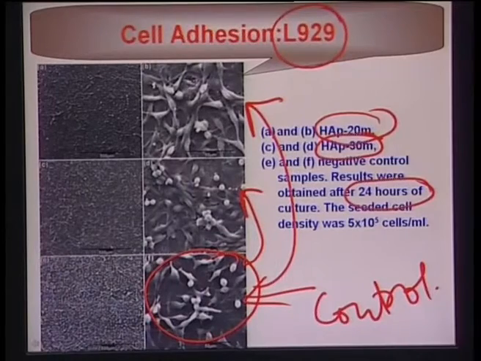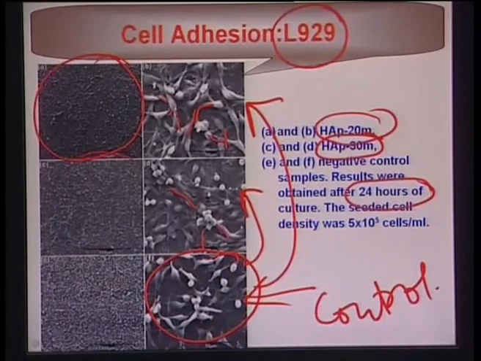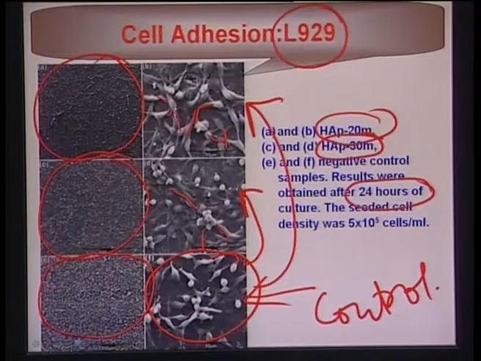An interesting feature that you can clearly see here is the cell to cell cellular network, and this is also called cellular bridges. Overall, all the hydroxyapatite mullite surfaces are completely covered by these L929 cells, and this shows good in vitro biocompatibility, cytocompatibility of these materials.